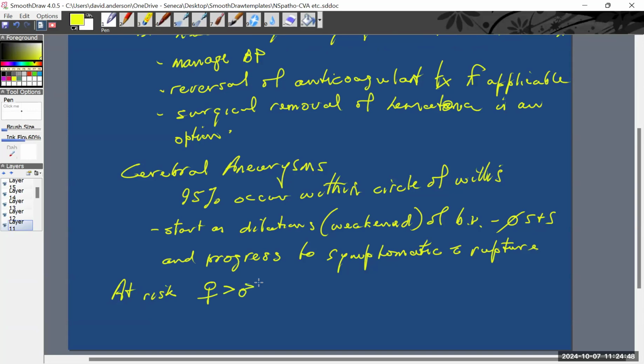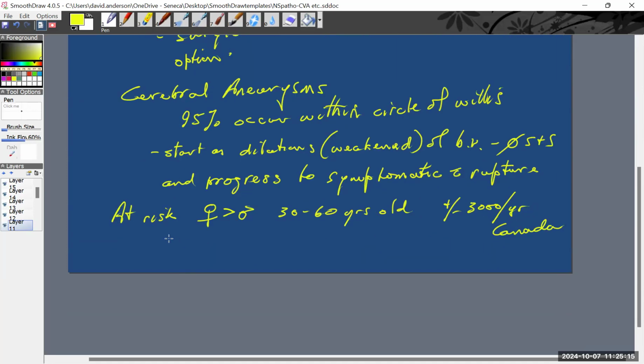So females are a little more at risk than males, and the 30 to 60-year age group is a little more common. There's about 3,000 or so presentations in Canada per year. Who else is at risk? You can appreciate that smokers are more at risk. Alcohol use puts you more at risk.